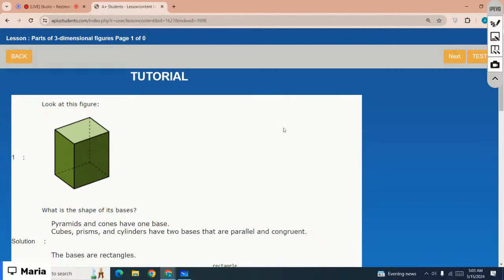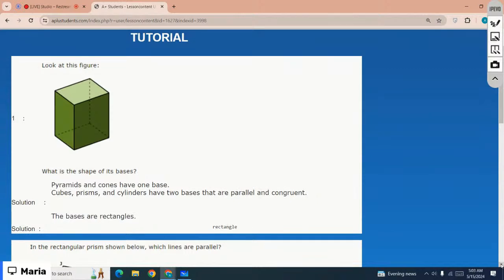Look at this figure. What is the shape of its bases? Pyramids and cones have one base. Cubes, prisms, cylinders have two bases that are parallel and congruent. So the base of this figure is a rectangle.